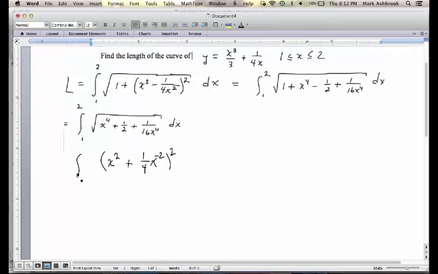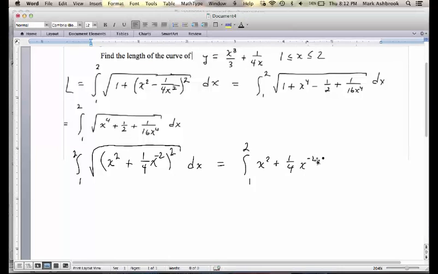So what we have is the integral from 1 to 2 of the square root of that thing squared dx. And so now the square root of the square is just this argument here. So from 1 to 2, x squared plus 1/4 x to the minus 2 dx.